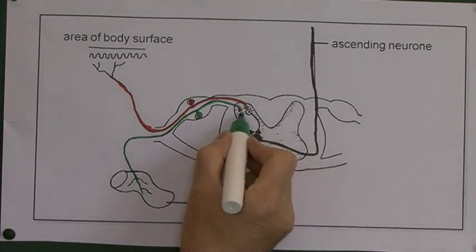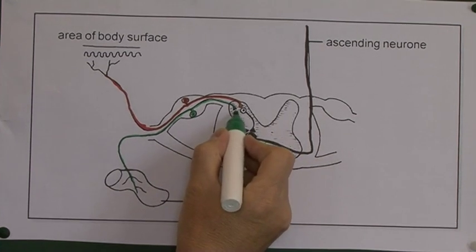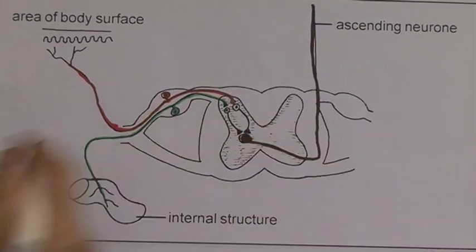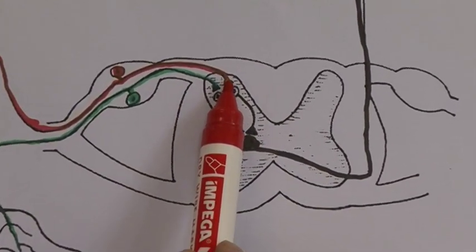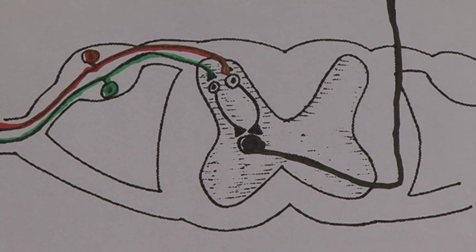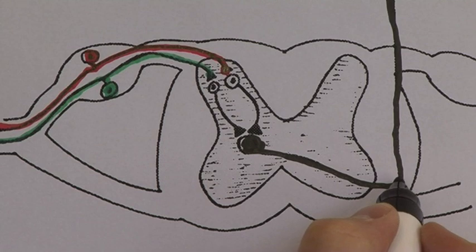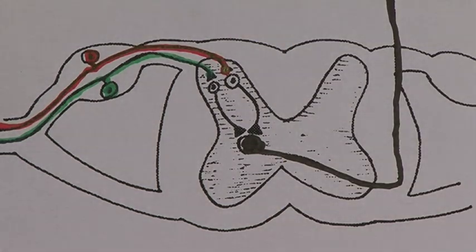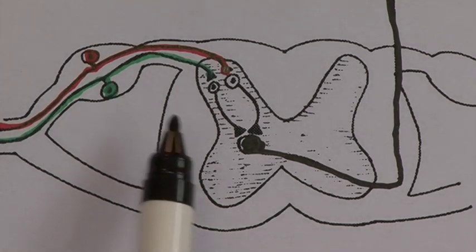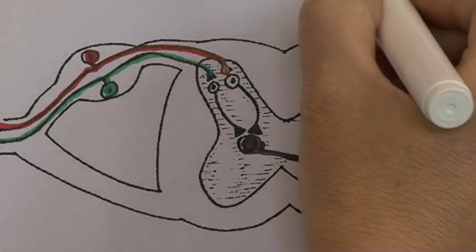There's two little relay neurons here, one connected to the internal structure, one connected to the external structure, but both sharing the same ascending secondary order neuron.